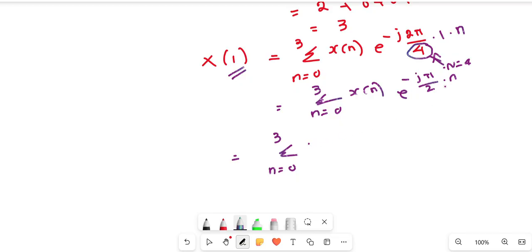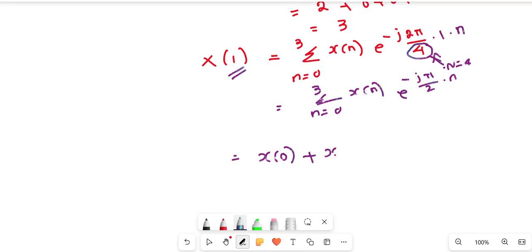So you substitute x of 0 into e power 0, and e power 0 is 1. This will be the first term.